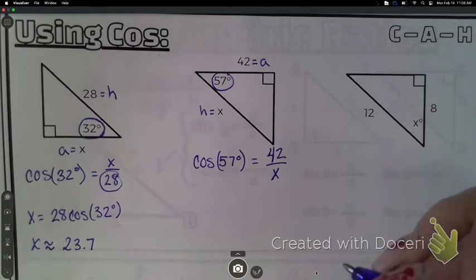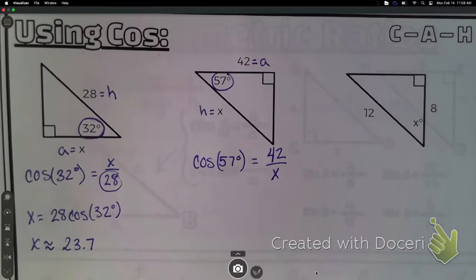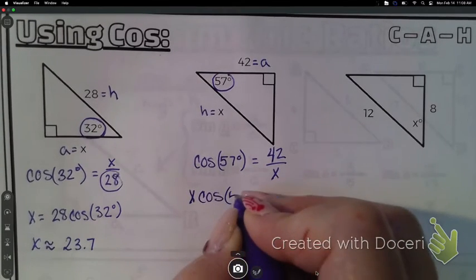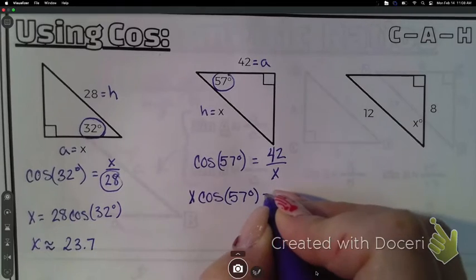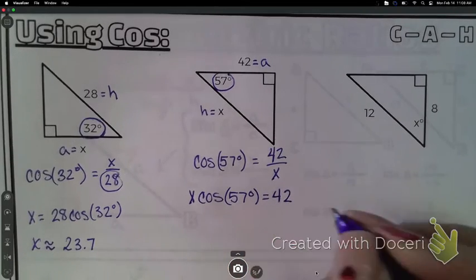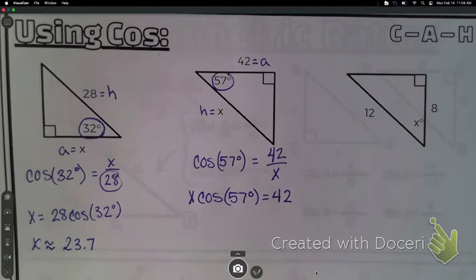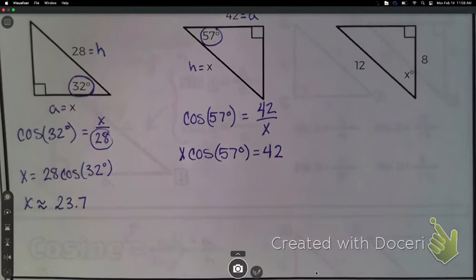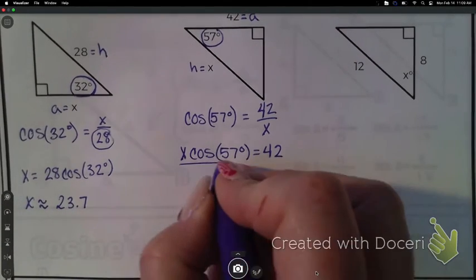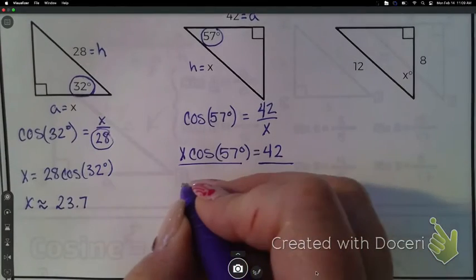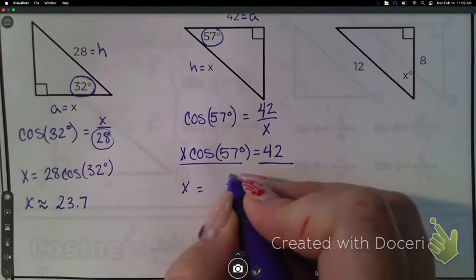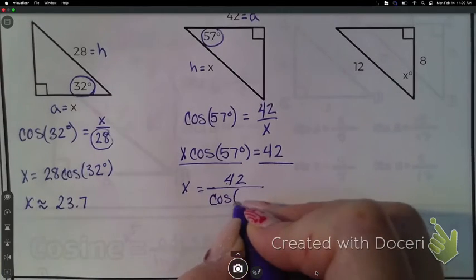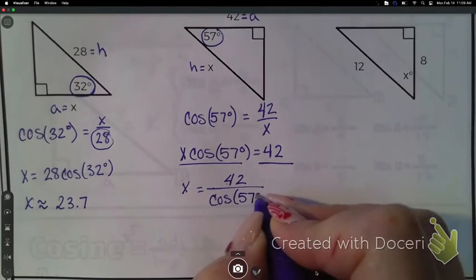On this one, I'm going to have to multiply by what? X. So I get x cosine of 57 degrees equals 42. And then I have to divide over, don't I? So I have to divide by the cosine of 57 on both sides. So x equals 42 over the cosine of 57 degrees.